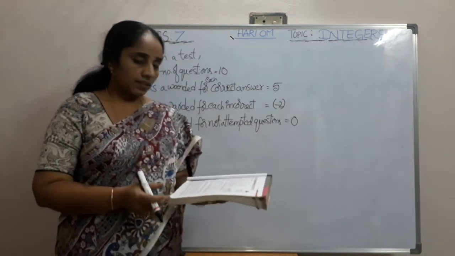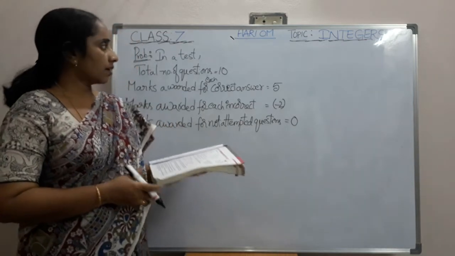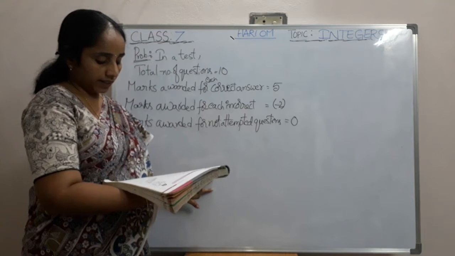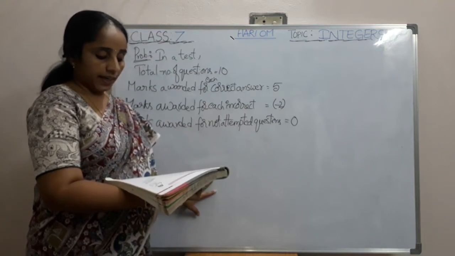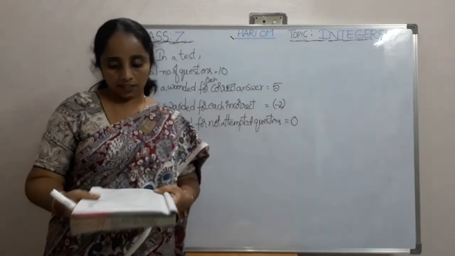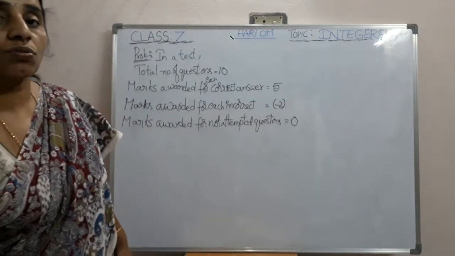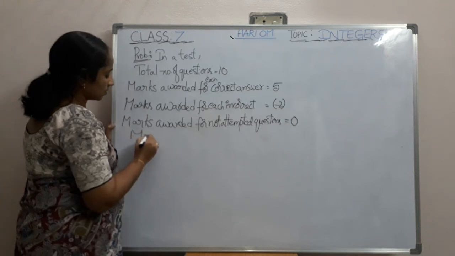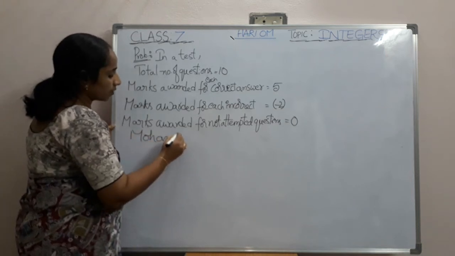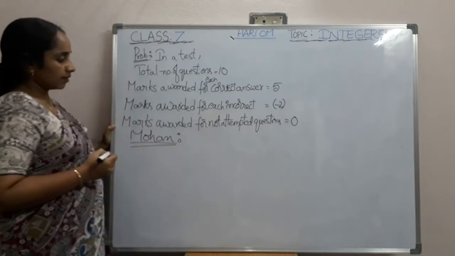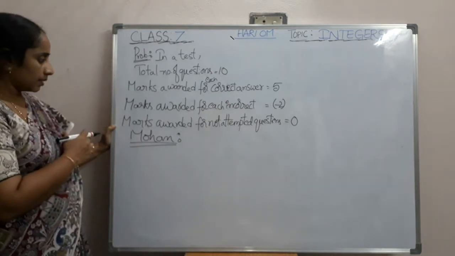Here, the first question is, from this data, Mohan gets 4 correct and 6 incorrect answers. What is his score? First, the score of Mohan.